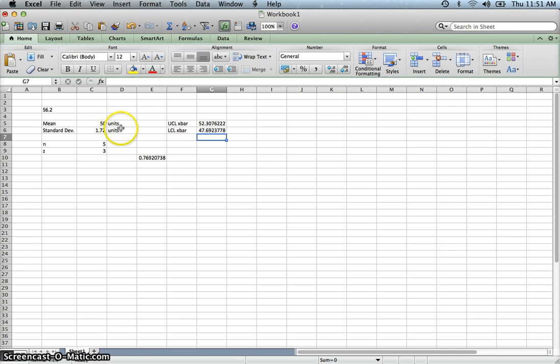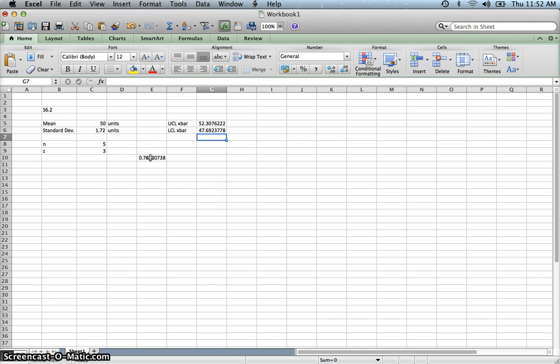The unit they're using for measurement is units. So for this process, we would compare our samples in the future to see if they average between 52 units and 47.69 units, and then that process would be in control.